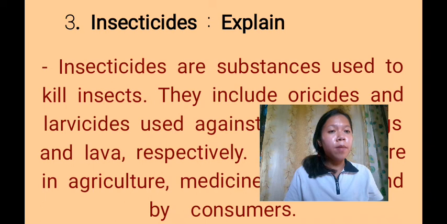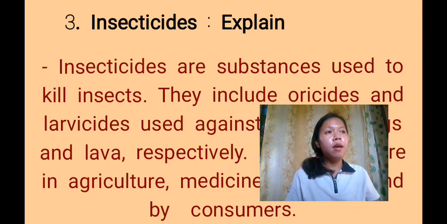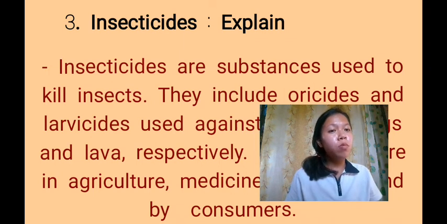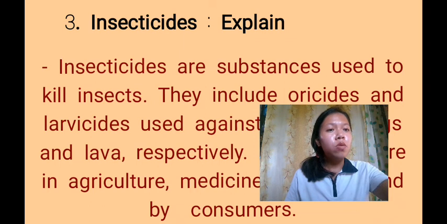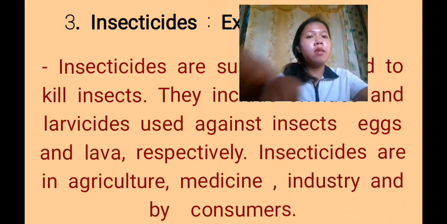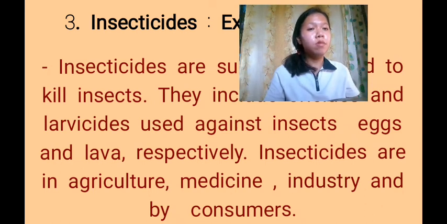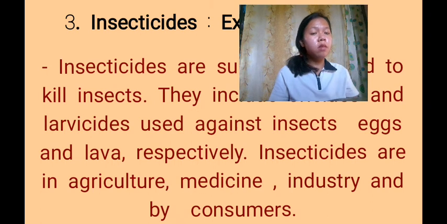So if we use this, wash our hands so it won't get into our eyes. Once it gets into our eyes, there is a possibility that we will go blind because of insecticides. So insecticides include ovicides and larvicides used against insect eggs and larvae respectively. Insecticides are used in agriculture, medicine, industry, and by consumers.